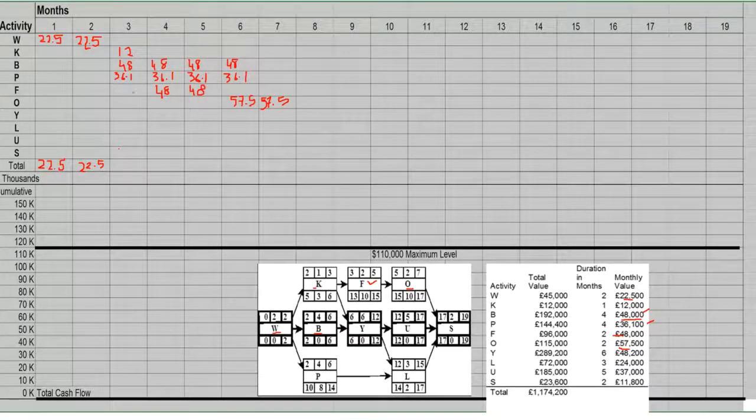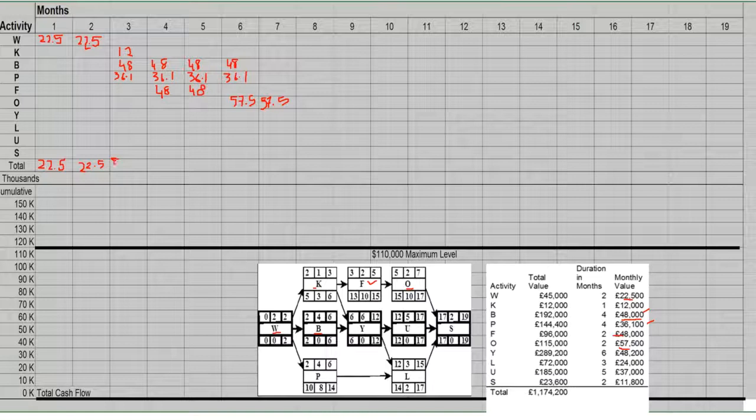And if anyone has got a calculator, give it a go: what's the expenditure in the third month? Okay, it's 96.1.